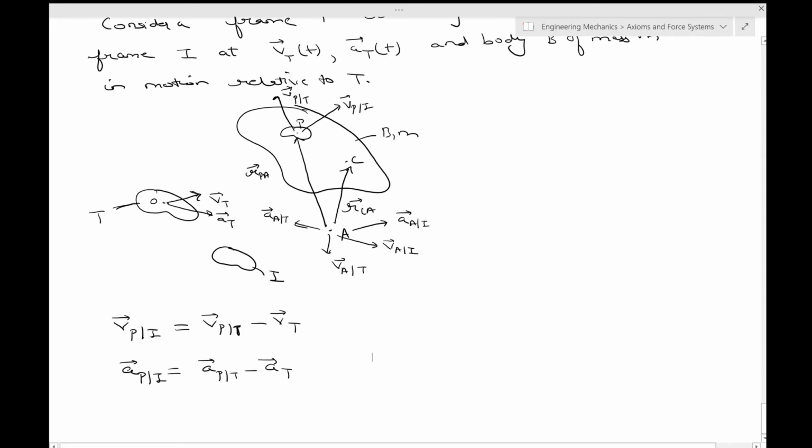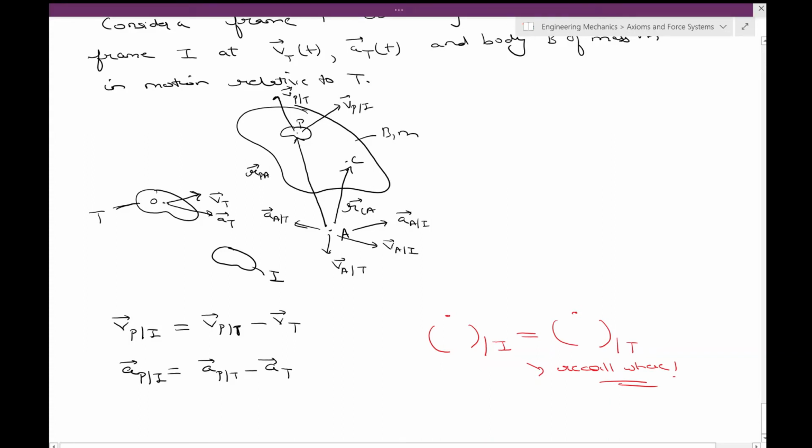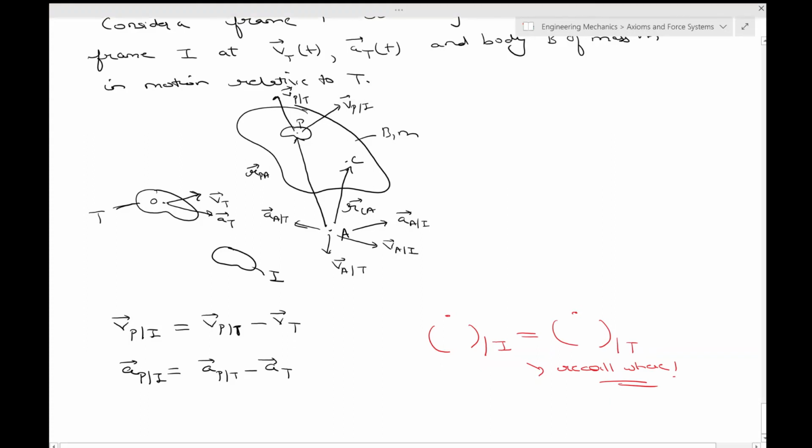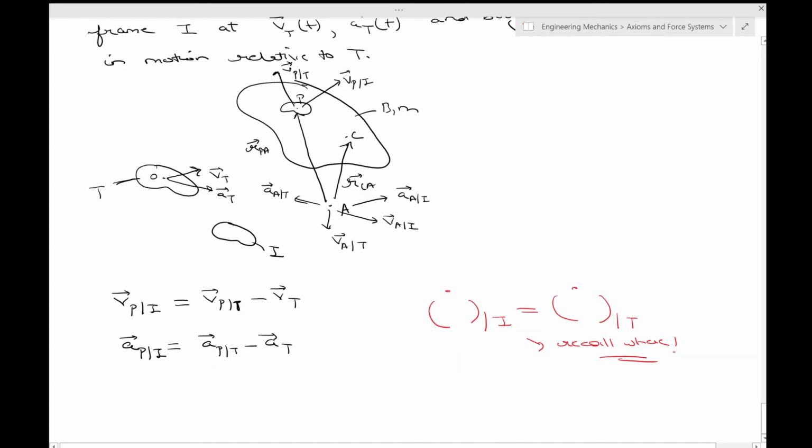And the most important part is that any time derivative in the I frame is the same as any time derivative in the T frame. Okay, so recall, where have you seen this? You have to go back to the translating frame discussion and verify that what is written is correct.